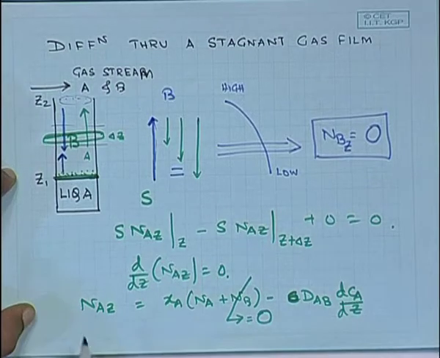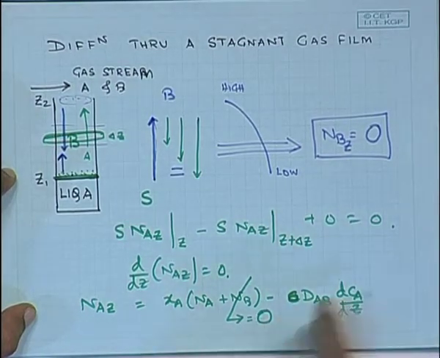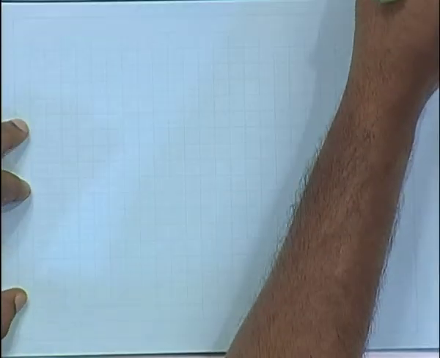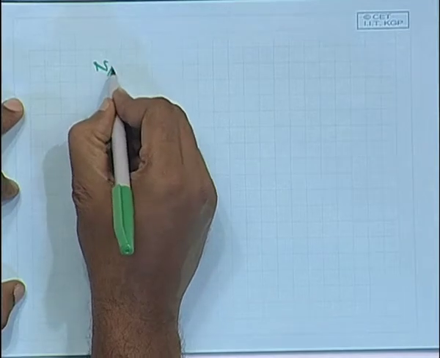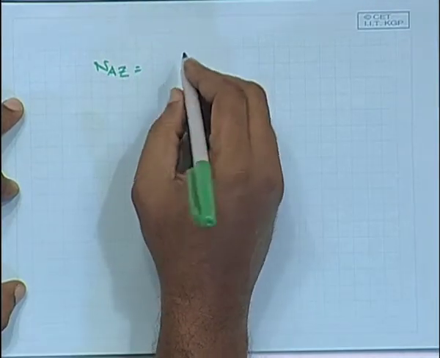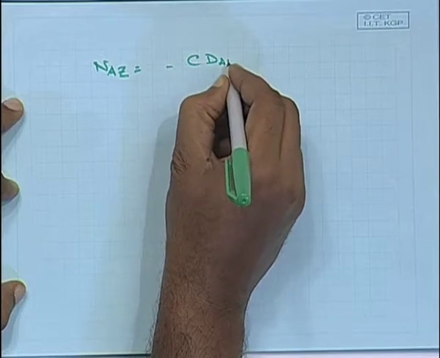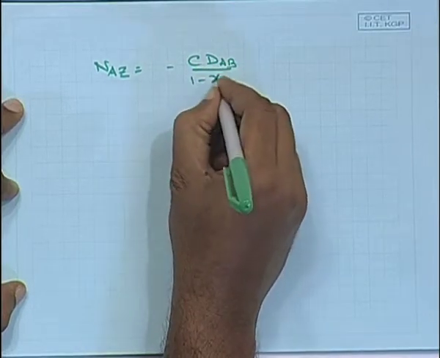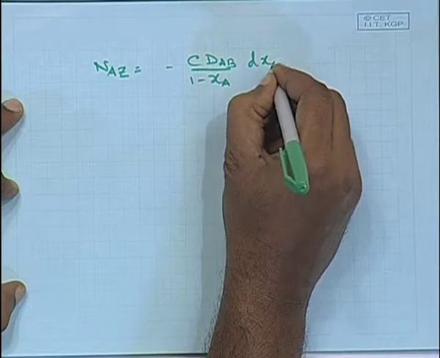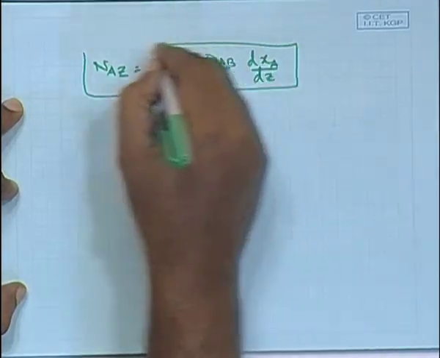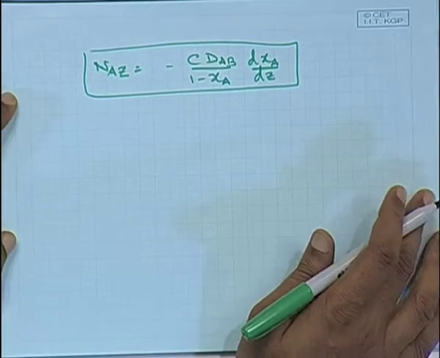So, can you see it? Fine, NB would be equal to 0. So, this equation would simply give you NAZ is minus C times DAB over (1 minus XA) times dXA/dz. This is from the fundamental equation of diffusion. Any question?